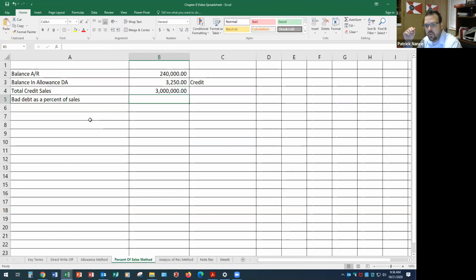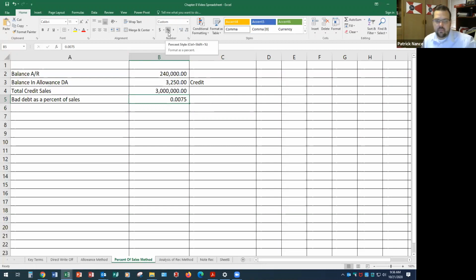But understand 0.75% is really, mathematically, if I put that in decimal form, 0.0075 because it's 0.75%. Okay, so get that there. It's a little tricky how they're doing that in the book. It's not tricky necessarily, you just kind of pay attention to it.